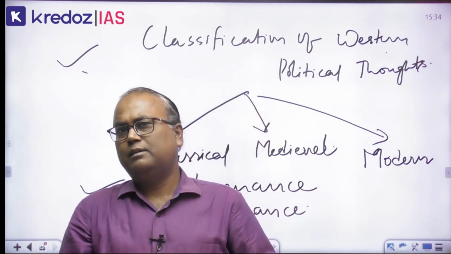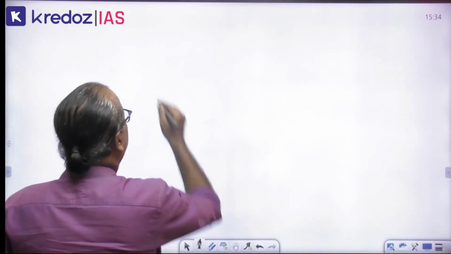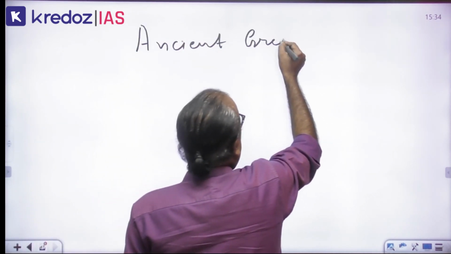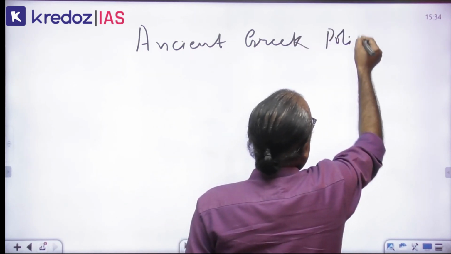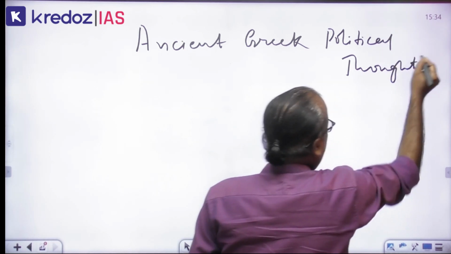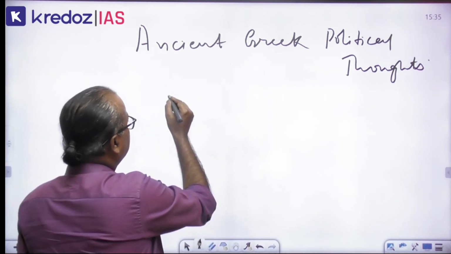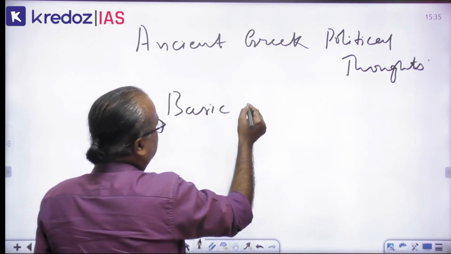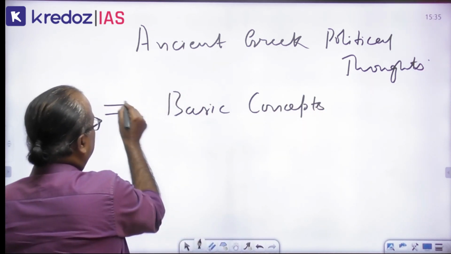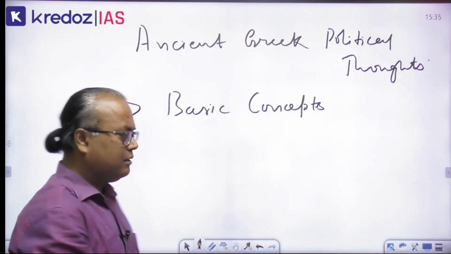Then again we have divided Western political thought into ancient Greek political thought and modern Western political thought. So, ancient Greek political thought. Now, you have to understand at first the basic concepts here. Once you understand the basic concepts, then we will go for Socrates.